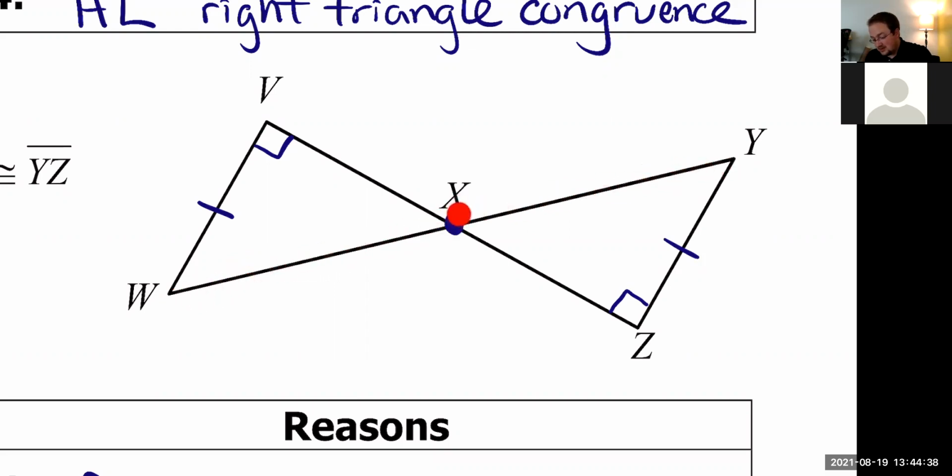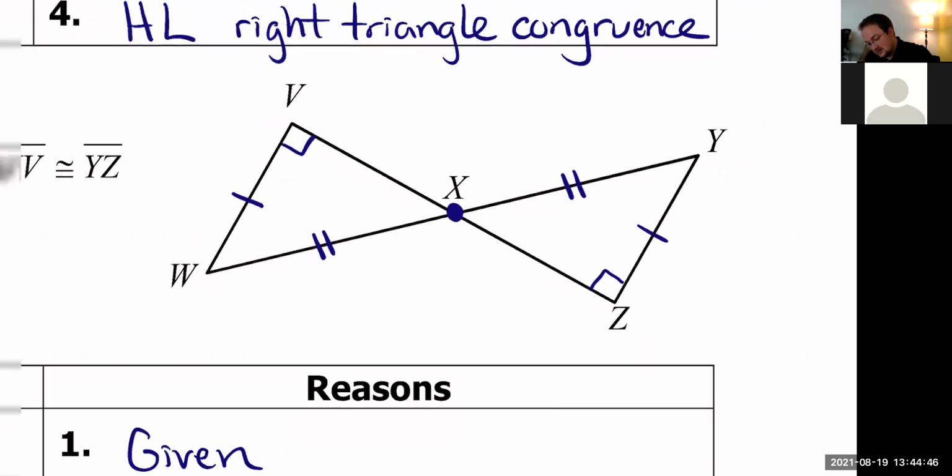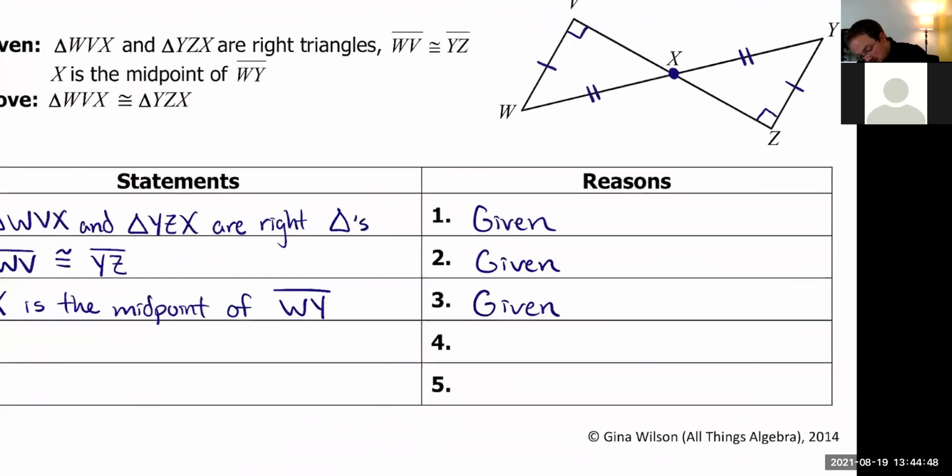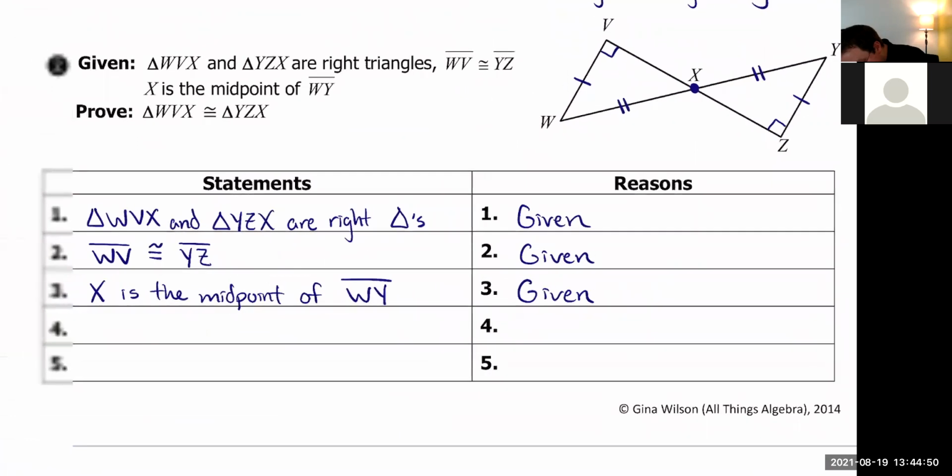In the middle, which means that these must be congruent. So I come over here and I can then state that XW is congruent to XY. And that is thanks to our definition of midpoint.